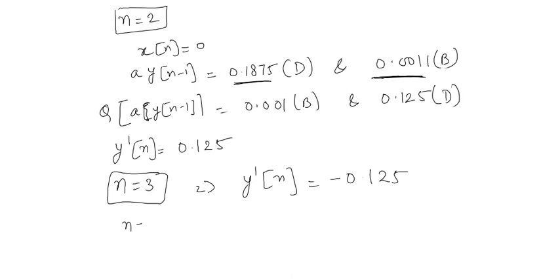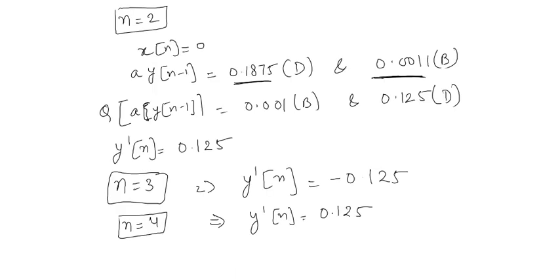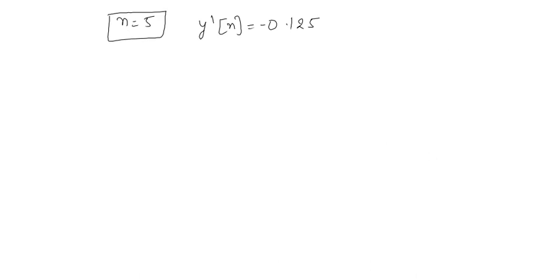For n equals 4, your output y dash of n is again positive 0.125, and for n equals 5, I get y dash of n as minus 0.125. If I compare it, what is happening? At n equals 2, positive 0.125, then negative 0.125, then again positive 0.125, then again negative 0.125.